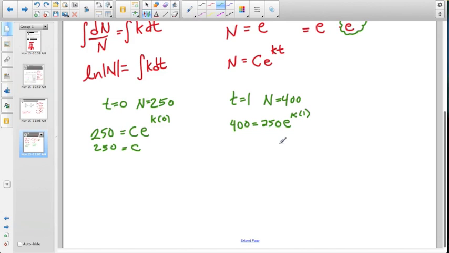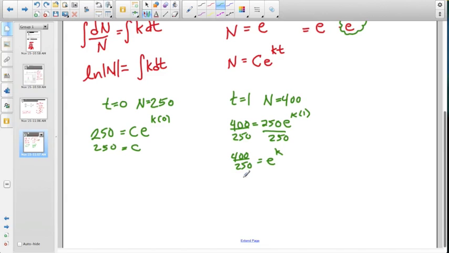So now we can use this to find k. And so we're going to divide each side by 250. And 400 divided by 250 equals e to the k.